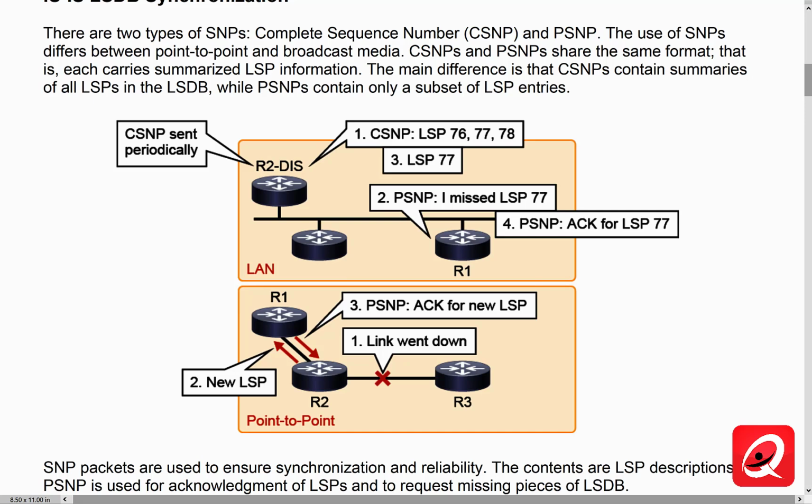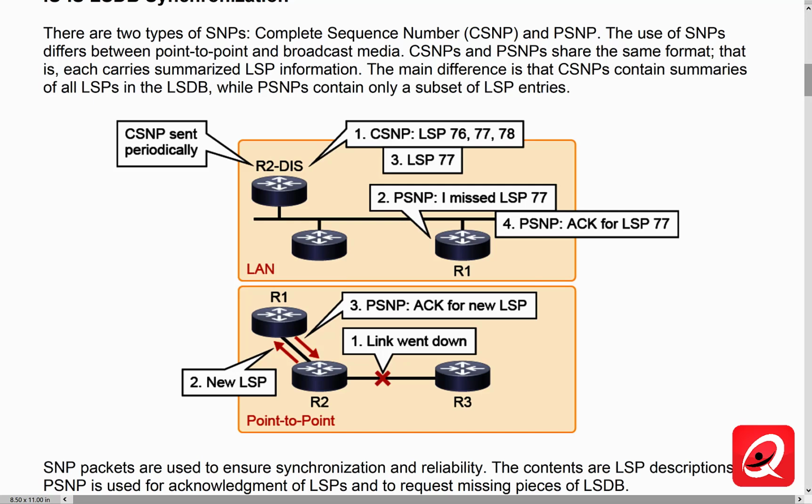All right? So these SNP packets are used to ensure sequencing and reliability in the topology. The contents we already talked about, basically 4 things in that content. The PSNP is used for acknowledgement of link state packets and to request missing pieces of the link state database.